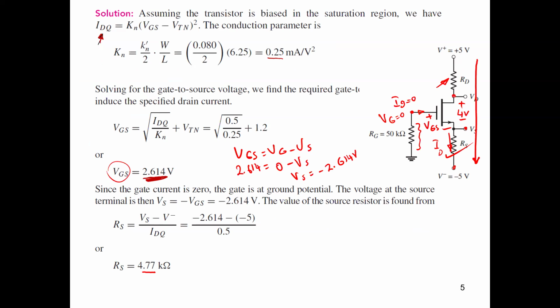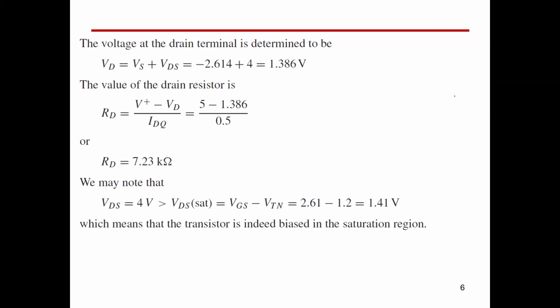So he said VD, the drain volt, equals VS plus VDS, because you know that VDS equals VD minus VS. And you already have VS. So you can say now VD equals VDS plus VS.